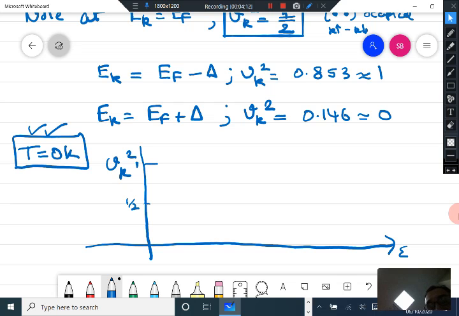This is half, and let's say this is at the Fermi energy. I am exaggerating it. This is Ef minus delta, and this is Ef plus delta.